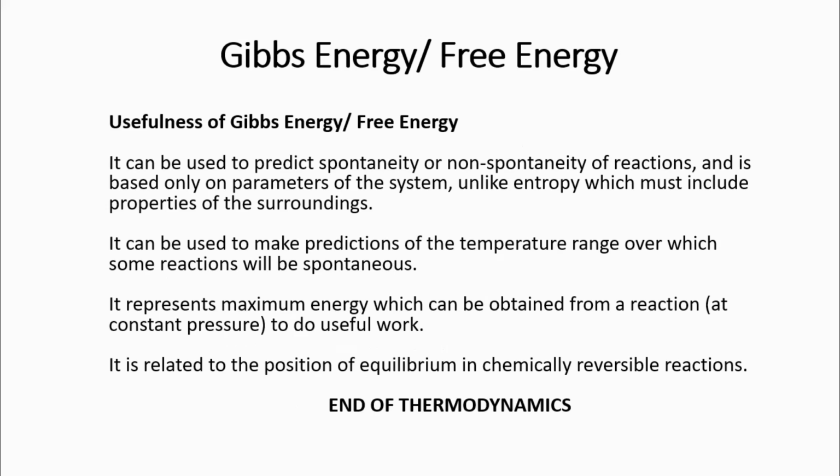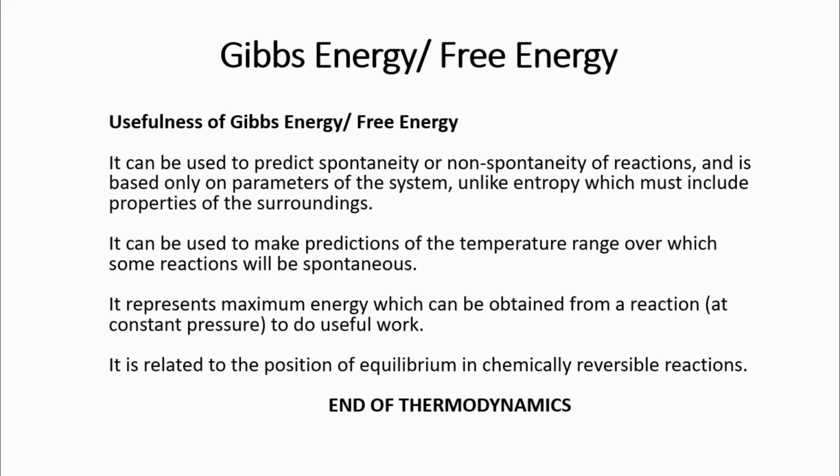Now, the usefulness of Gibbs energy, or Gibbs free energy change, as we discussed some time ago, is that it allows us to predict spontaneity, and we don't need to calculate the change in the entropy of the surroundings and combine that with the change in entropy of the system. It is quite convenient to use Gibbs free energy change.